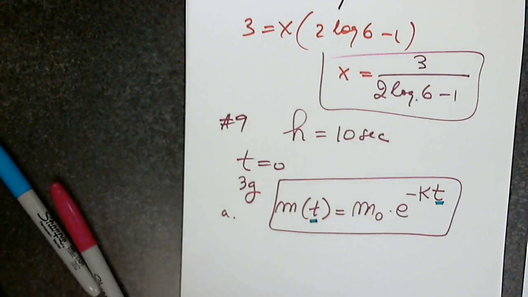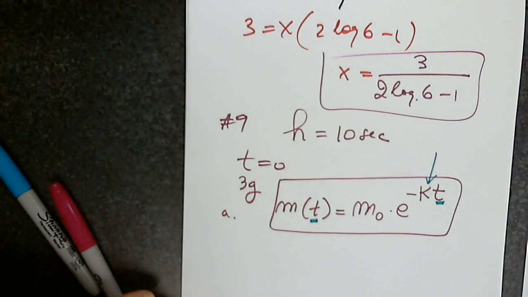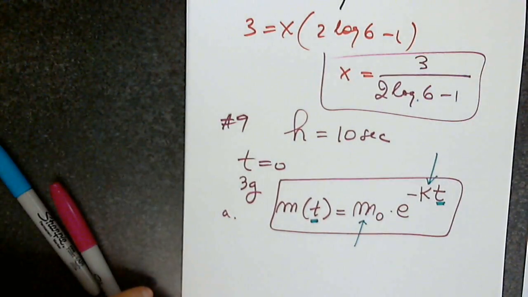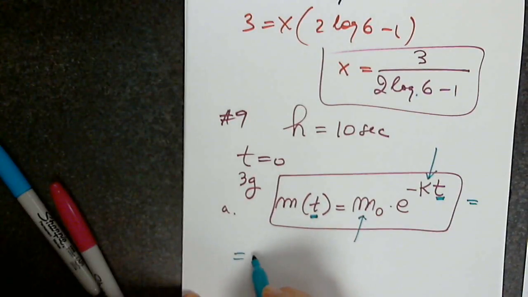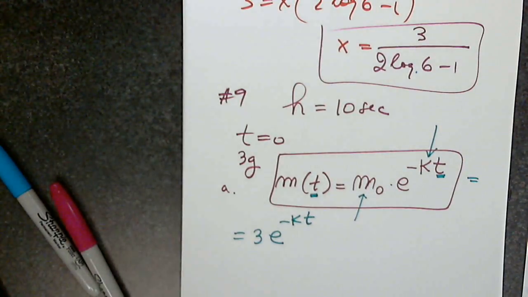For the model to be established, we need to determine k, which is the radioactive decay rate, and the initial mass. But we do have the initial mass, 3 grams, so for now I have 3 times e to negative kt. I still have an unknown here.